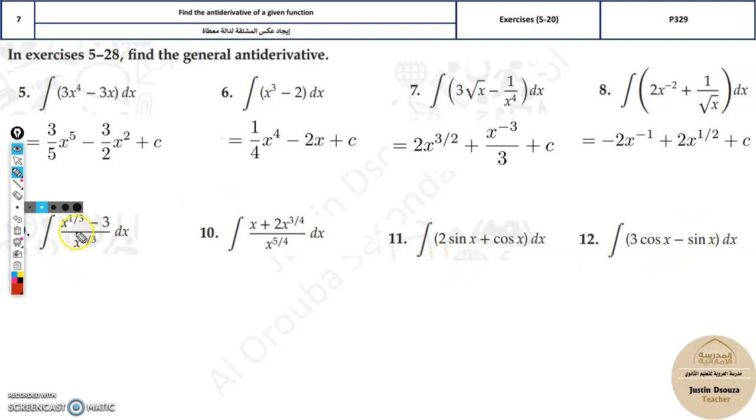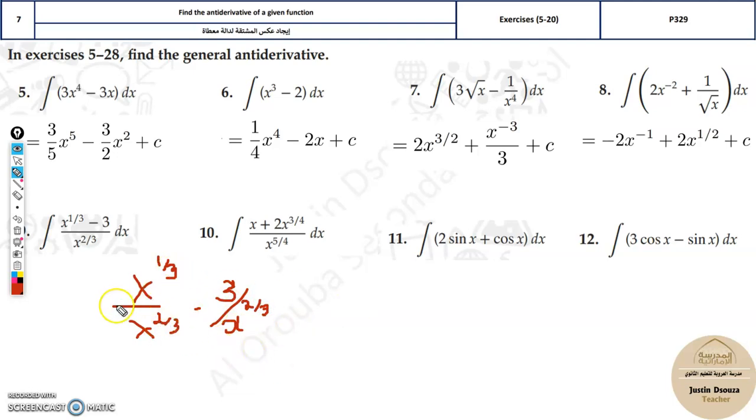Now we will do this one over here. Integral of x to the power 1 by 3. Split this denominator to both the values over here. It will be x^(2/3) minus 3 divided by x^(2/3). Okay, I have just split it up.